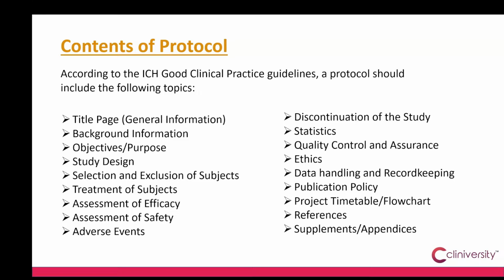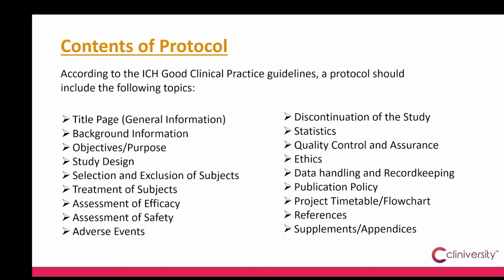How are we going to maintain the quality throughout the clinical trial? Ethics. What are the ethics that we are following in this clinical trial? And what are the applicable ethical guidelines that we are following? Data handling and record keeping. How the data recorded in the case report form should be handled, and how we need to maintain records for this. How many years the record has to be maintained.